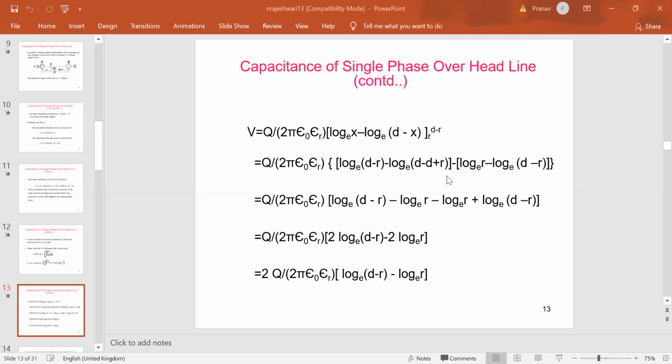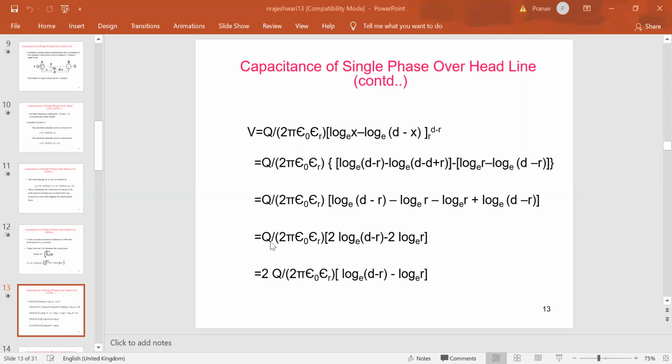So q by 2 pi epsilon naught epsilon r, log of d minus r minus log r minus log r plus log of d minus r. By adding these terms, we get minus 2 log r and 2 log of d minus r.